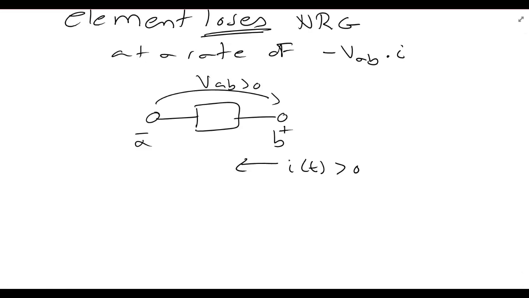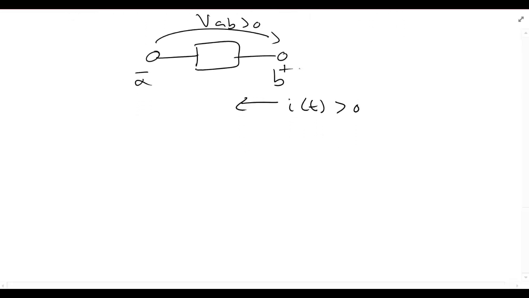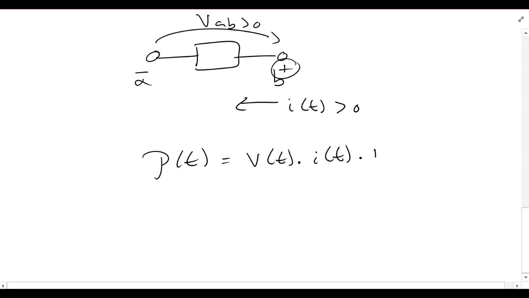Again, as we showed in the last video, if I of t was not greater than 0, we have to flip its direction and its sign. But for now we're assuming that the current is entering the high energy terminal. Then this is where my sign comes in, and power of t is V of t times I of t times positive 1.